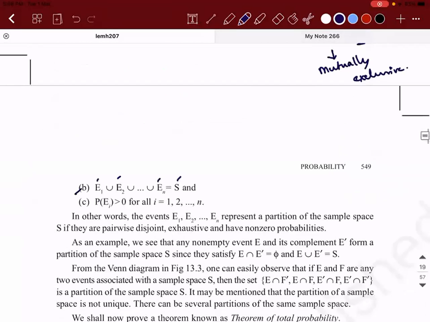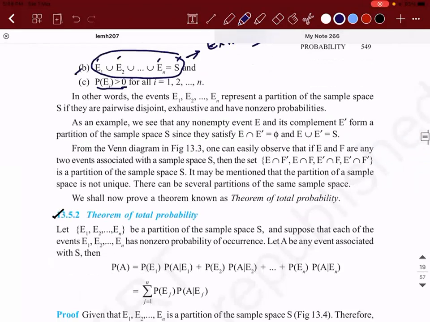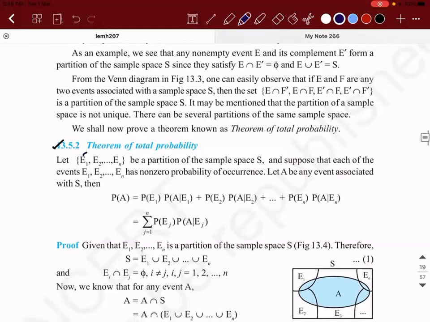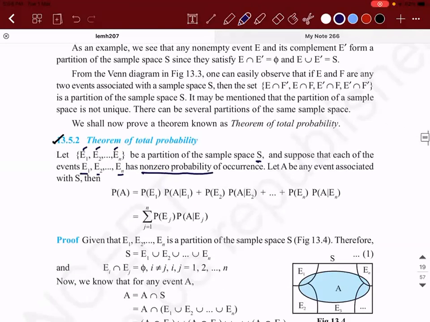Similarly, if the union of all the elements put together is the sample space, then they are said to be exhaustive. And if the probability of each event is greater than 0, a non-zero value, then let all these be a partition of the sample space. Let A be any event associated with the sample space.